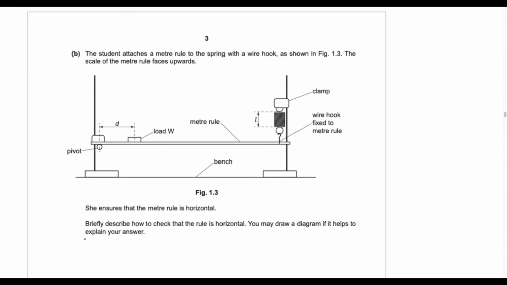One of the easier ways is you measure the distance from the bench at each end and check whether they are equal or not. So you measure the length here and the length here. If they are the same, that means it is horizontal.